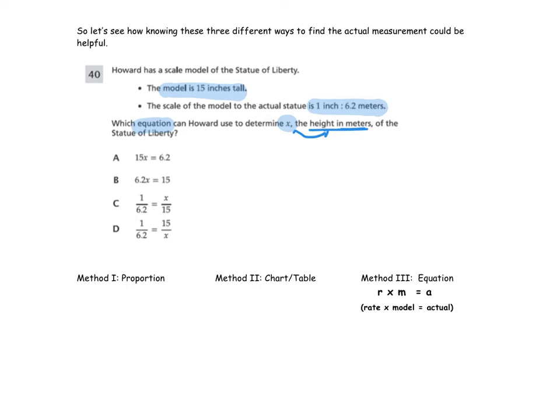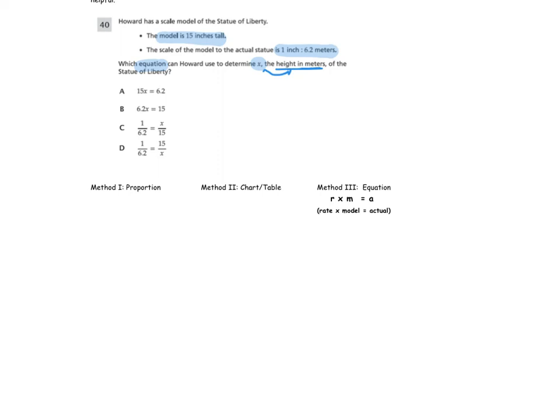We're going to start building a proportion. So I'm going to start my proportion with 1, and that's inch, compared to 6 2/10 meters. Then I'm given this information, the model, 15 inches, so that's the model, so 15 has to go on top.